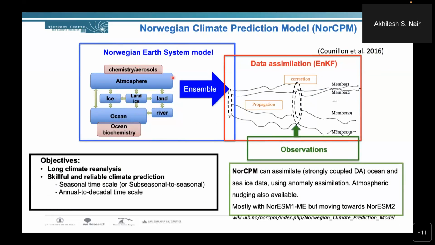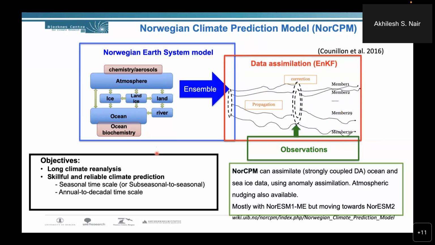We have a flow-dependent ensemble Kalman filter approach, which is strongly coupled to assimilate ocean and sea ice components. Basically we assimilate SST and sea ice into the model, and the ocean constraint works fairly well, and does its work for what it is designed.